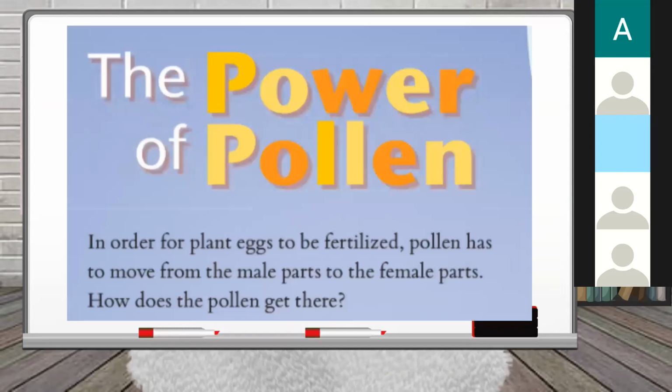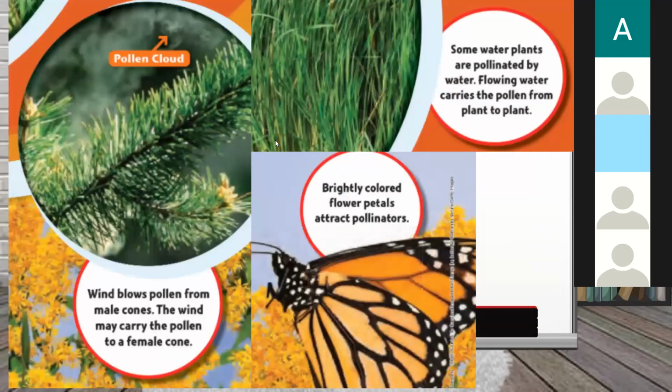Very good. Okay, to have a fertilized egg, what do we need? We need the power of pollen. We need living things who can move pollen from the male to the female. Pollen can move through the wind and sometimes through the water.